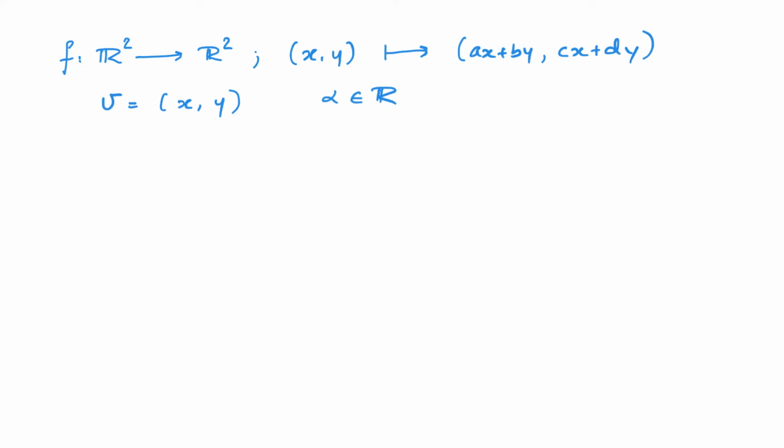Now let us try to prove that this function preserves scalar multiplication. So let v be an arbitrary element in R2 and alpha be a real number.